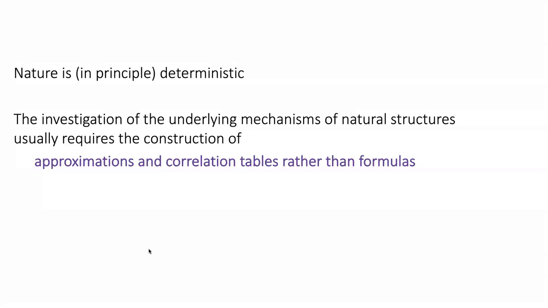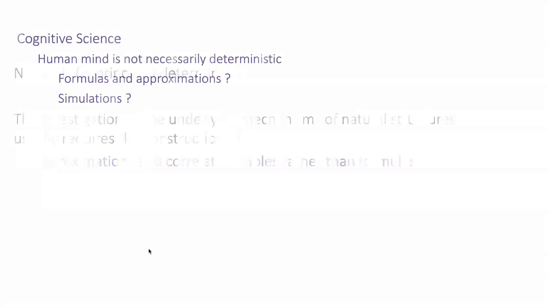Of course, this is an important point for cognitive science, because the question is, what are we going to do? Is the goal of a cognitive scientist to find formulas? Maybe that's not quite plausible, isn't it?